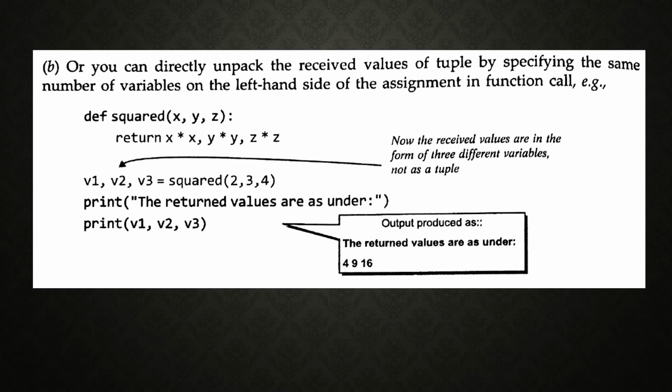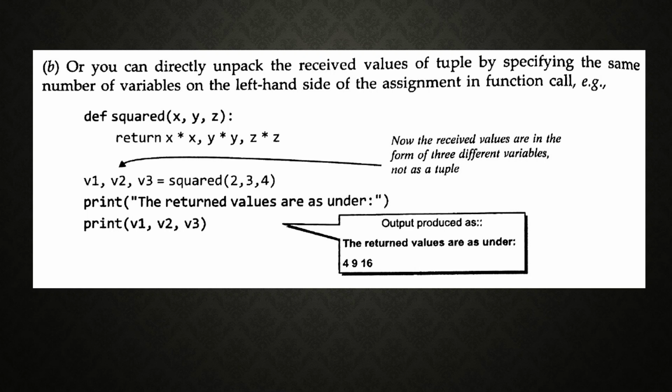slide. You can also directly unpack the received values of the tuple by specifying the same number of variables on the left hand side of the assignment in the function call. Example, here it is given. Here def squared x, y, z. The return statement returns x into x, y into y, z into z, so that returns the values to the squared function call.